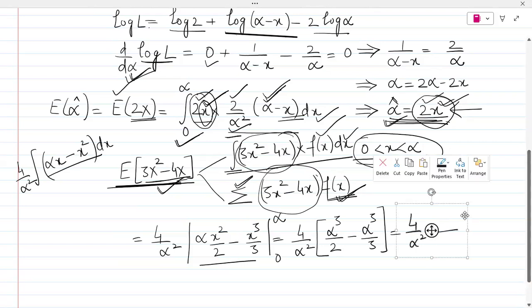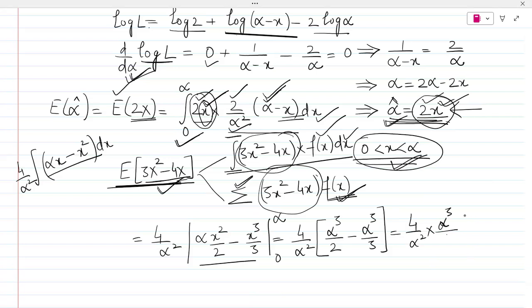So this is now 4 by alpha square, and this will be alpha cube by 6. So this is basically 2 by 3 alpha. Okay, and surely this is not equal to alpha.